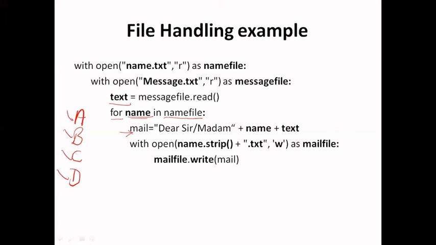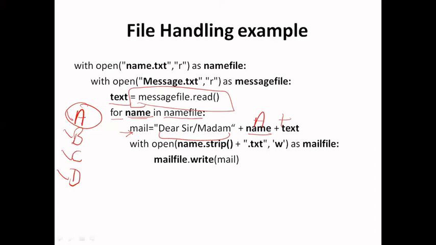This is basically a string salutation, plus we are concatenating two other strings with this string: the name, whose first value is A, and the text, that means the message we want to write for this particular person. So basically the string becomes dear sir or madam, the name of the person, and the message we want to convey.